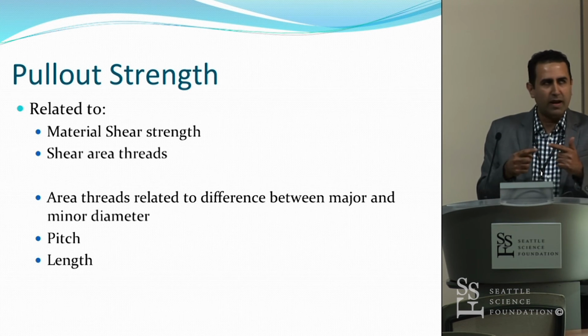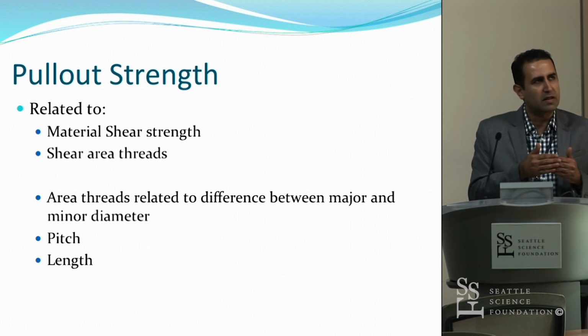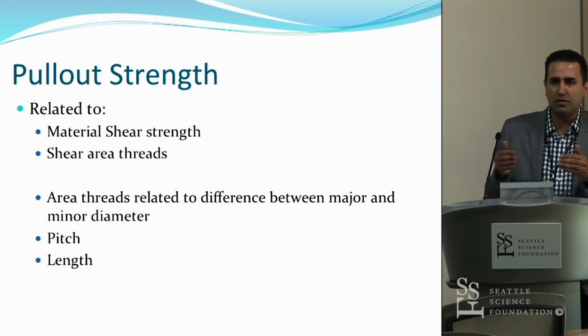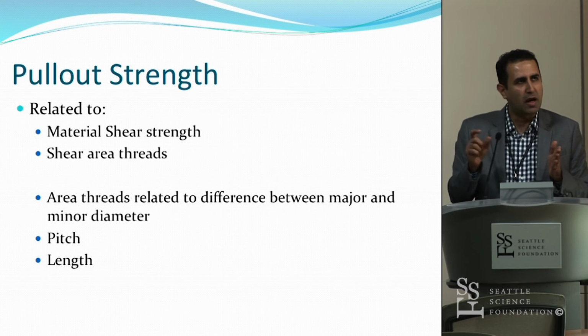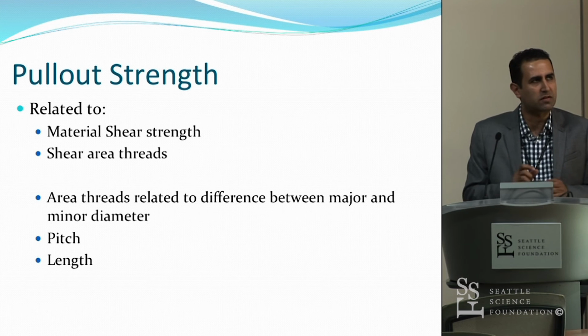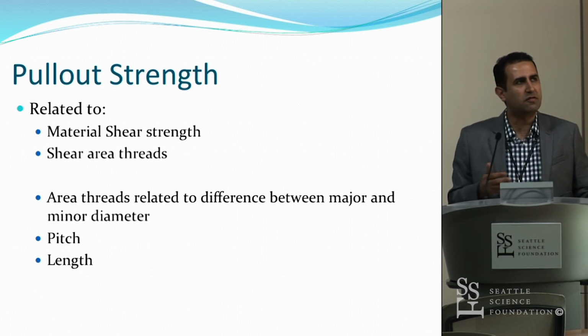This area thread is easily measured by the difference between the major and the minor diameter. So if you have an increase in the major and minor diameter, your implant has a huge thread difference, that's going to improve your pull-out strength or your resistance. It's related to the pitch as well, but it's divided by the length.